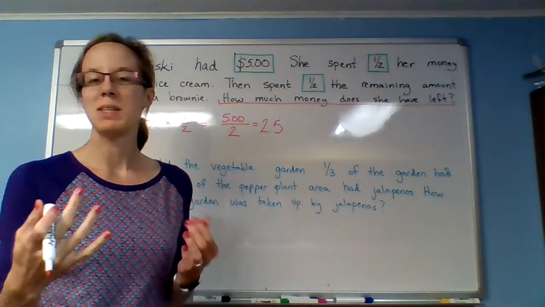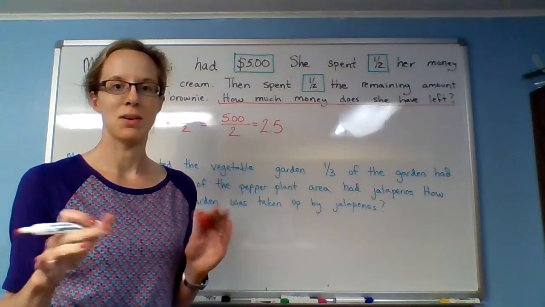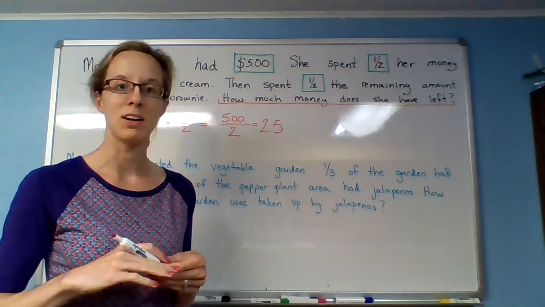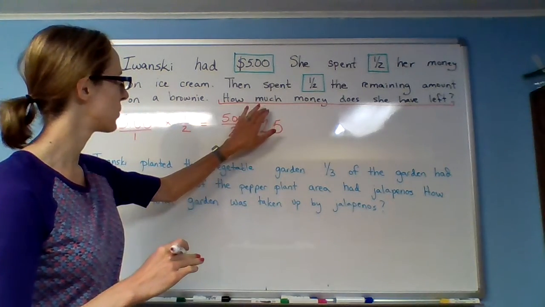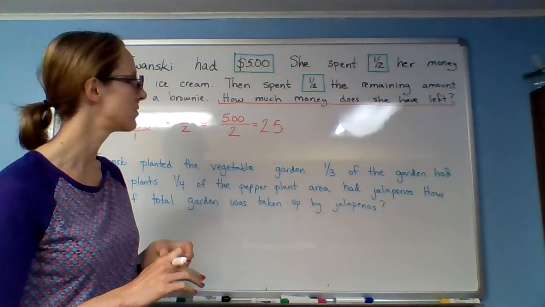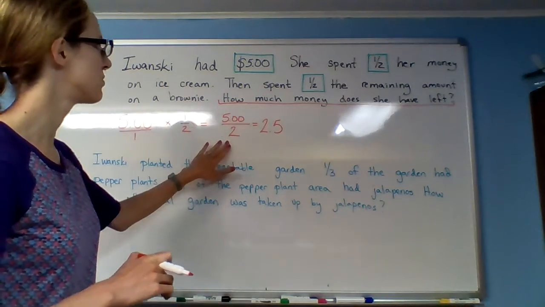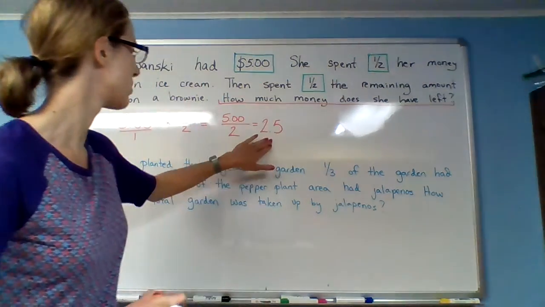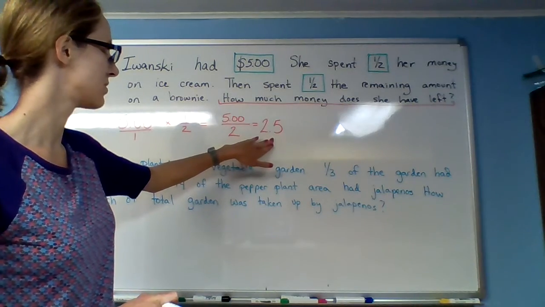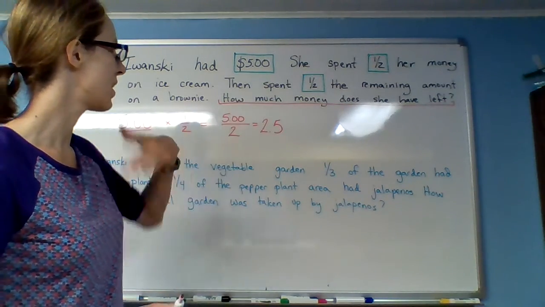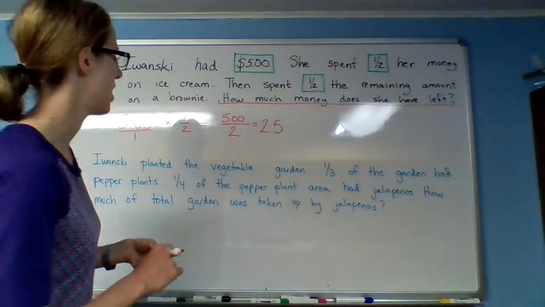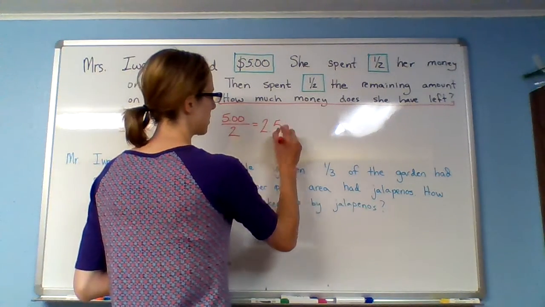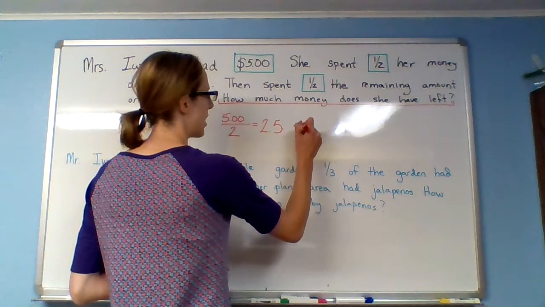Now, I might like to just be done with my math problems and say, okay, I don't want to work on this anymore. However, I have to check if I've answered the question. How much money does she have left? Well, all I've really done so far is found out that the ice cream would have been $2.50. But then I also go and spend half of that on a brownie. So I need to find half of 2.5.